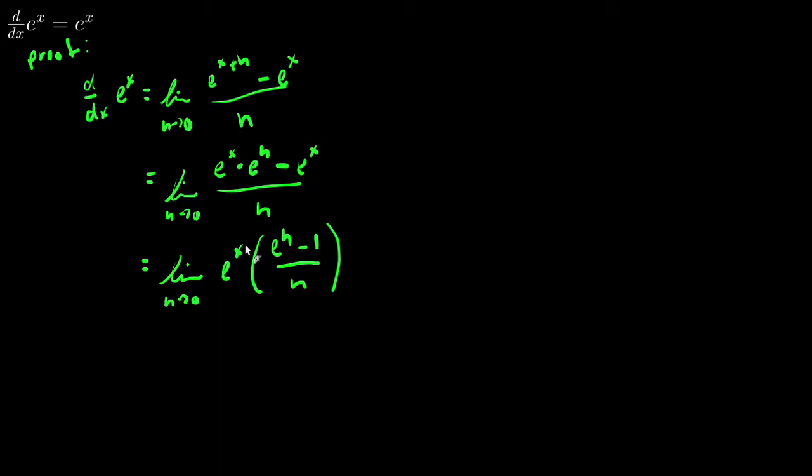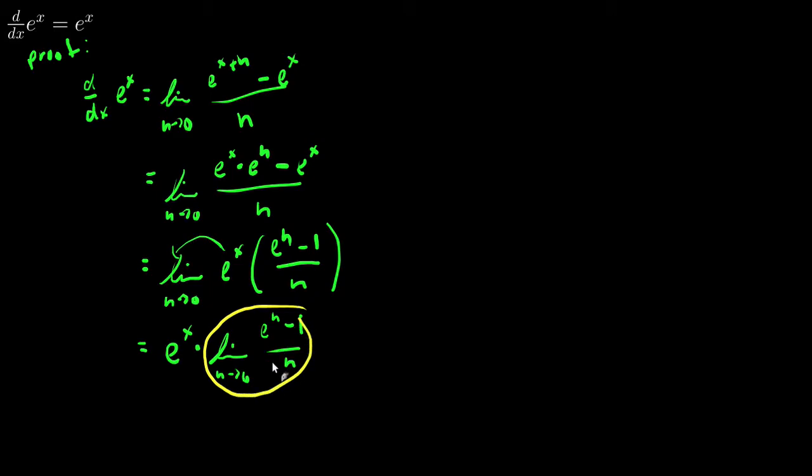And since h is what's approaching 0 and x is not a function of h, I can actually bring this out to the front and have e to the x multiplied by the limit as h approaches 0 of e to the h minus 1 over h. Now, finally, what I can see is this portion is actually equal to 1.